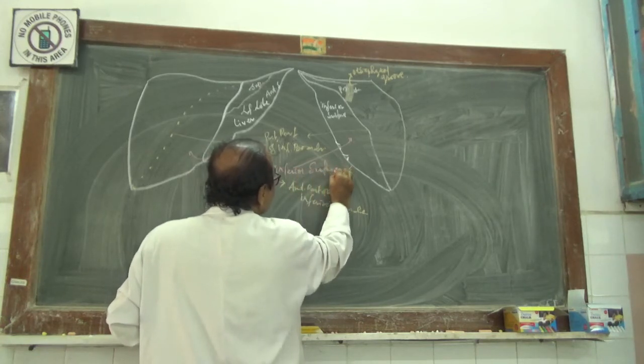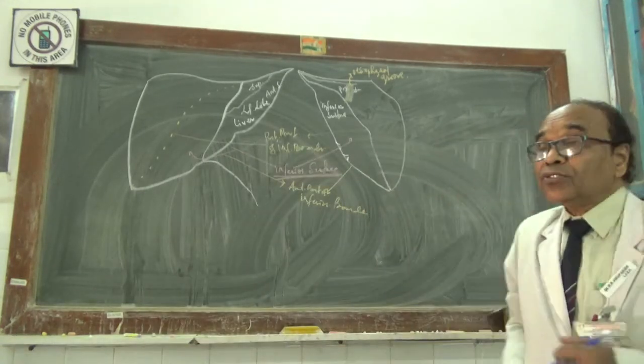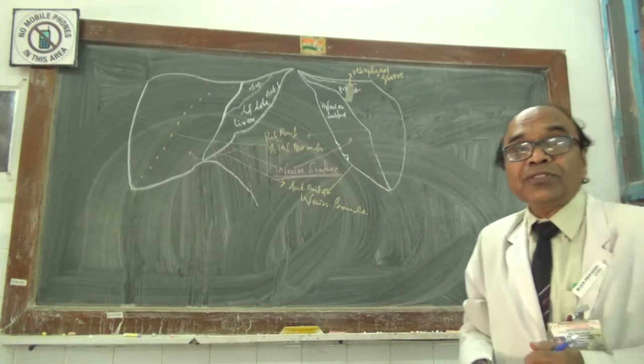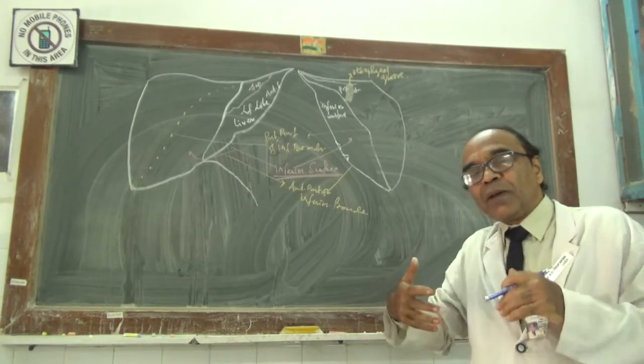Now about the inferior surface, it is called an inferior surface because the majority of its portion is directed downwards and a little backwards.